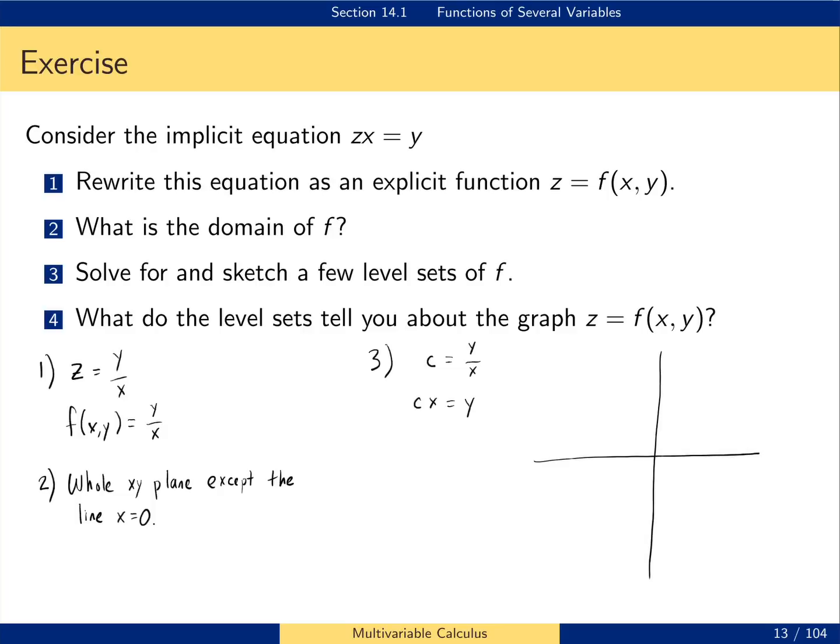They have different slopes based on c, but they all have a y-intercept of 0. So our level sets look like this. They're lines of different slopes, including negative slopes. Everything except a slope of infinity, because the y-axis is not included in the domain.